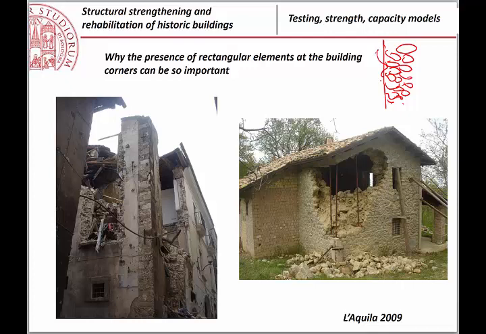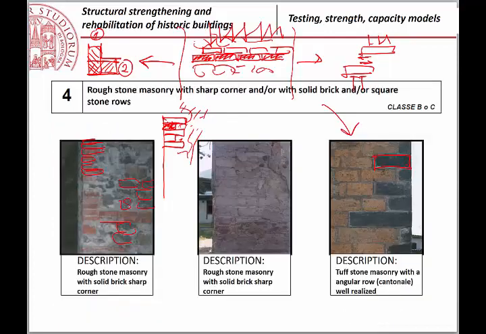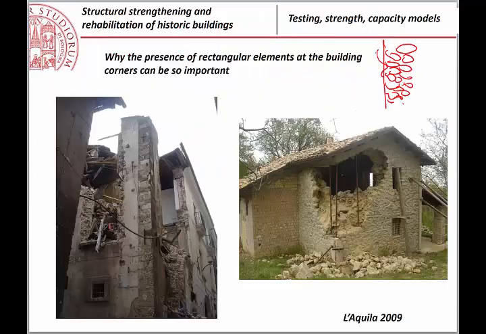The other one, of course, is that, as I said, when you have a good interlocking between the two walls, that interlocking typically is able also to preserve the walls. These two pictures, for example, are taken from the earthquake in L'Aquila, and you see here that the quality of that corner was so good that it was almost the only part of the masonry that was preserved.